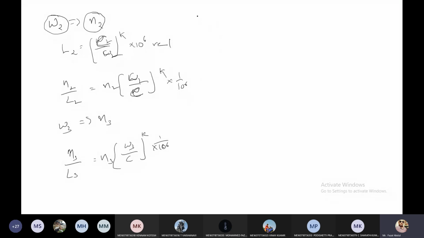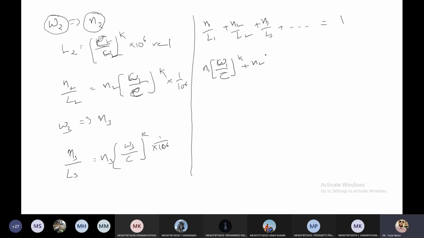Okay, but we have the actual relation: N1 by L1 plus N2 by L2 plus N3 by L3 plus so on up to the final number of revolutions, all are unity. So substituting the N1 by L1 values, I am writing N1 into (W1 by C) power K plus N2 into (W2 by C) power K plus N3 into (W3 by C) power K plus so on, equal to 1.